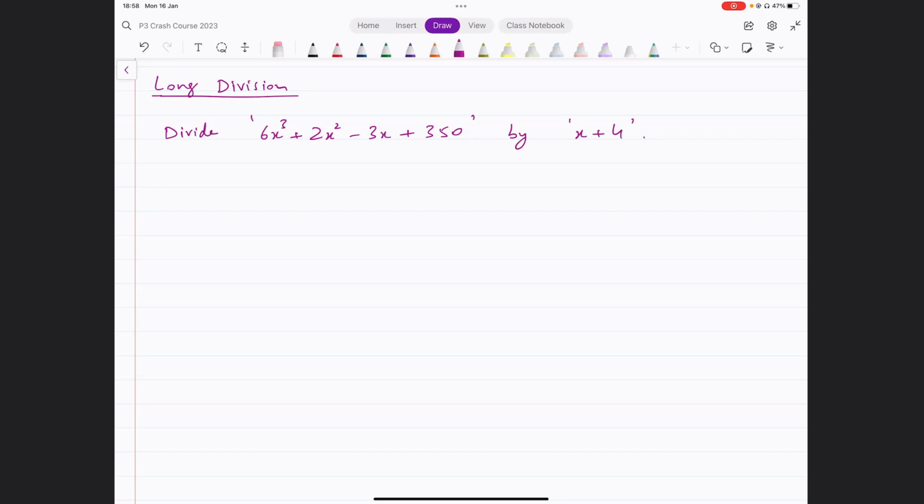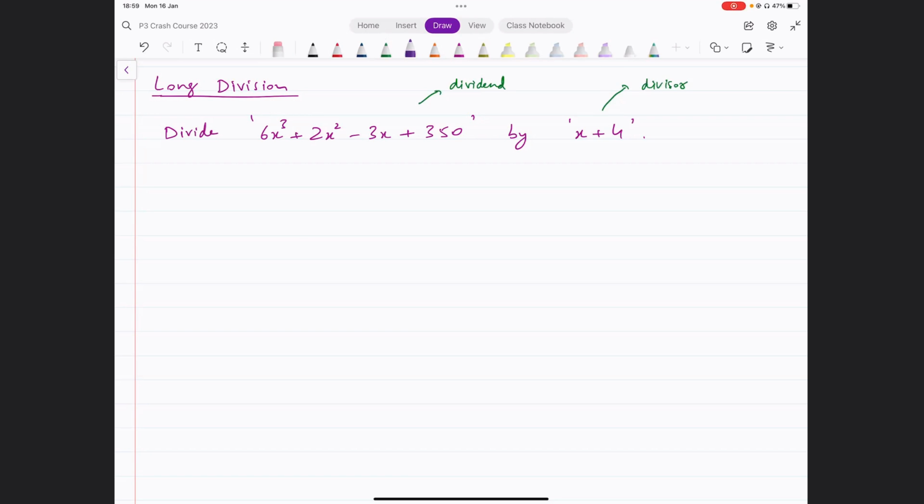All right. Now, how do we start? We first of all make the structure that we have for the long division process. We write the dividend in the middle. Remember, this polynomial that you're dividing by another polynomial is called the dividend. And the polynomial that you're dividing by is called the divisor.